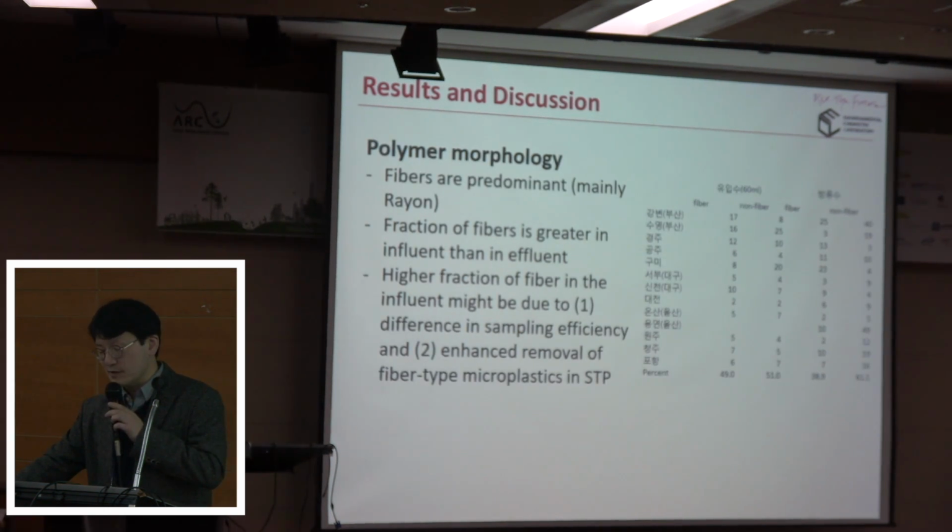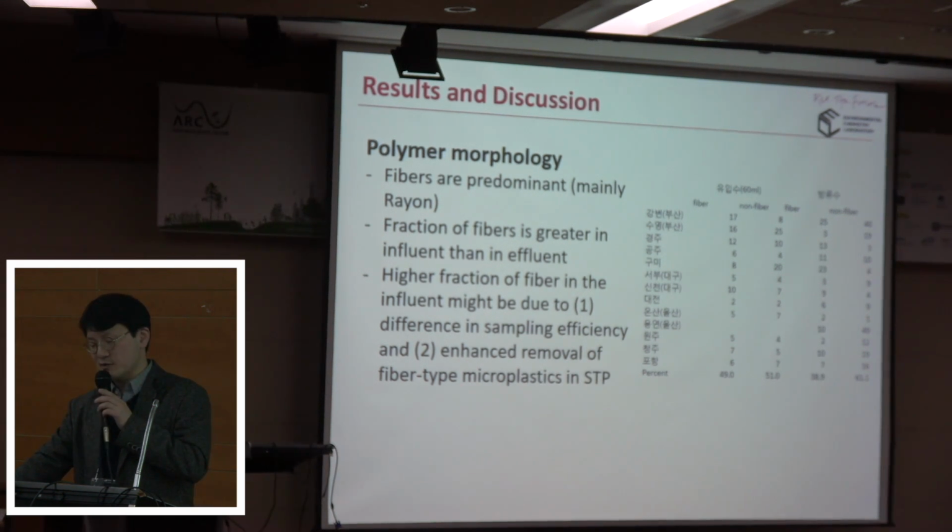The morphology of the plastic has been identified under the microscope, and we simply divide the particle shape into fibers and non-fibers. And fibers are quite abundant, and the typical material of fibers is rayon, the synthetic fiber that is used for fabrics.